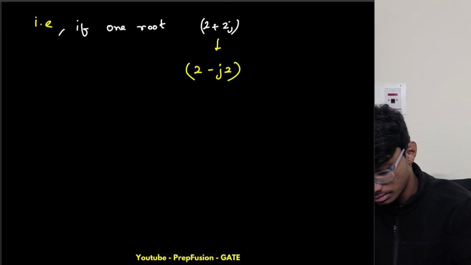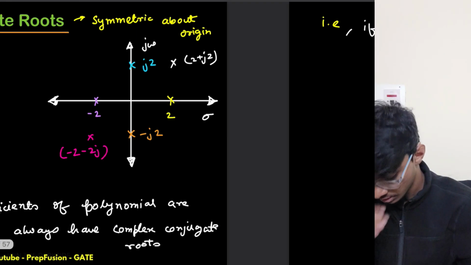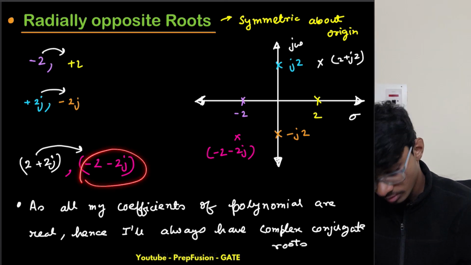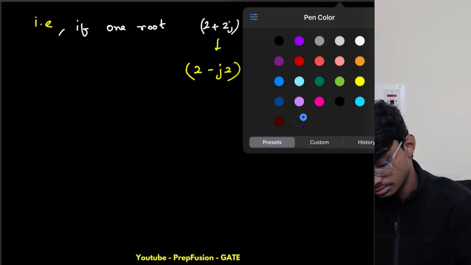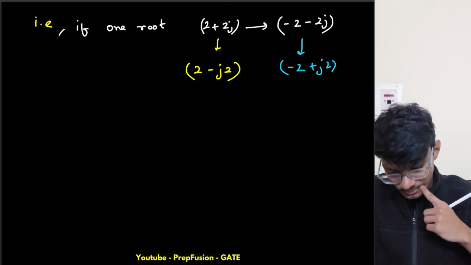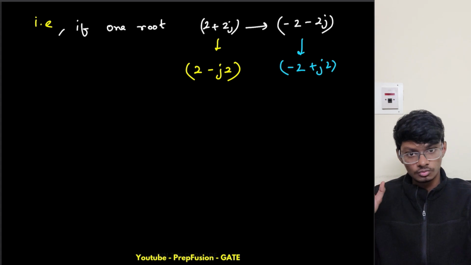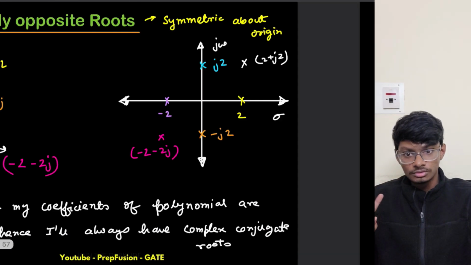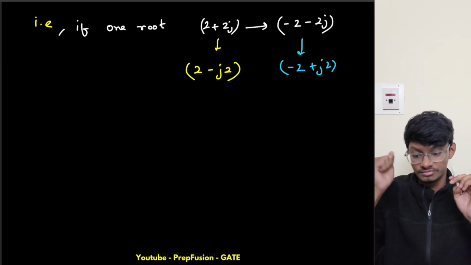And also, due to this radially opposite property, I will have minus 2 minus 2j, and minus 2 plus 2j, because these are complex conjugates. So I will have 4 roots. If I have a complex root for row of 0, then they will come in multiples of 4. I will find 4 roots from just one root.